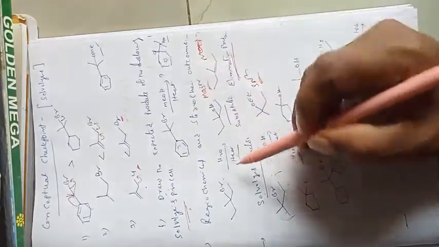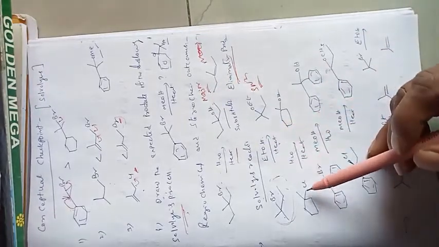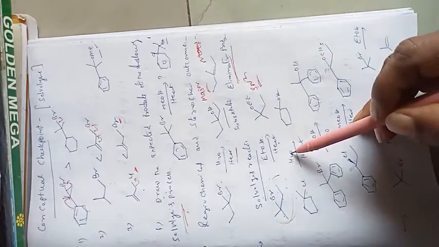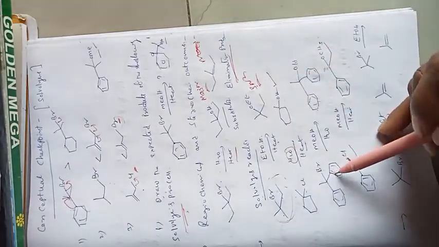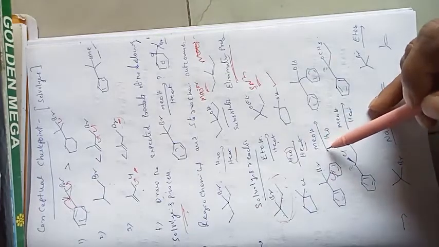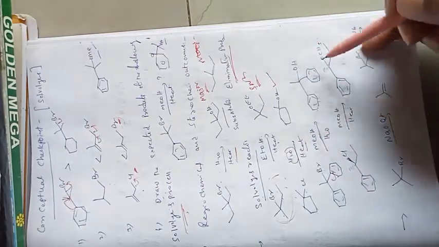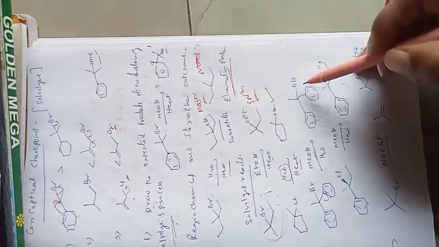So with ethyl alcohol, water and so on, there is no base, and that's why you can see substitution here. Now with water and heating condition, alcohol is the product.